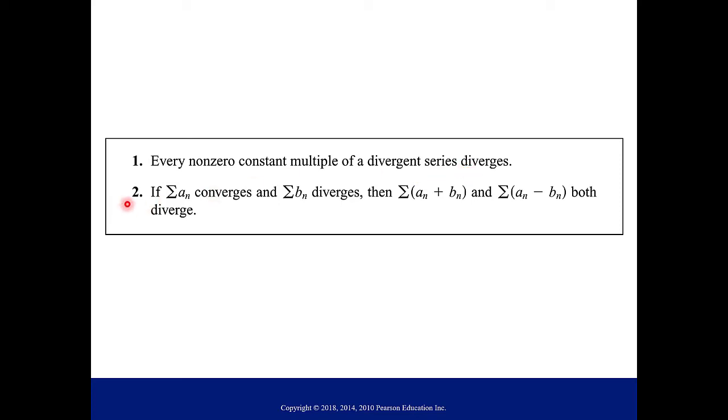And then part 2: if you have a converging series and a diverging series, and you add them, or subtract them, then the result diverges. The previous rules we just looked at apply to 2 converging series. This one is talking about if one of your series diverges and the other one converges, then when you add or subtract them, that result will also diverge. All right, and that's it.